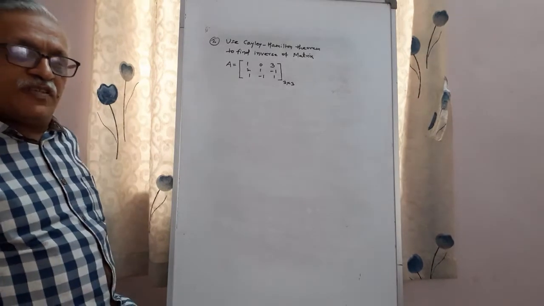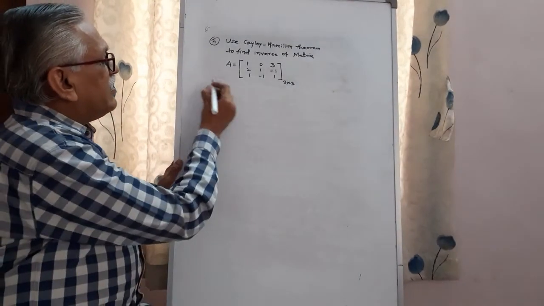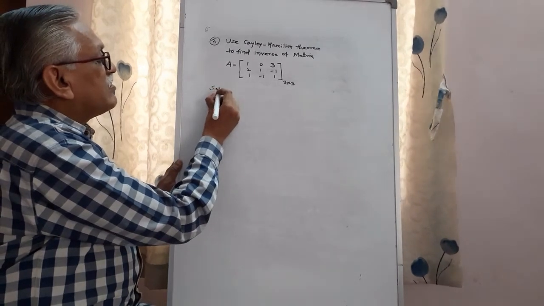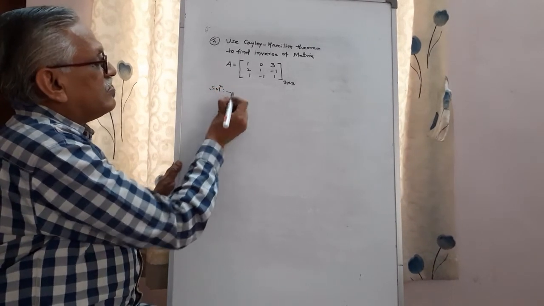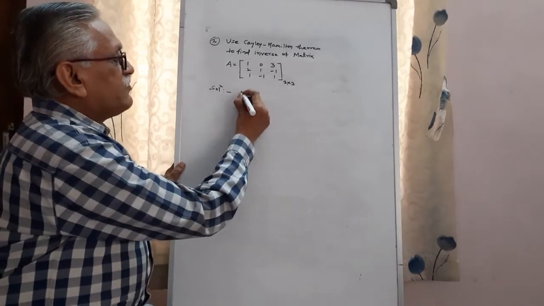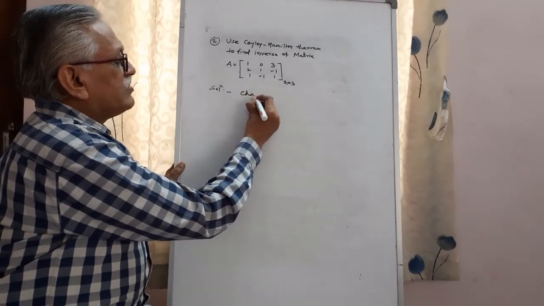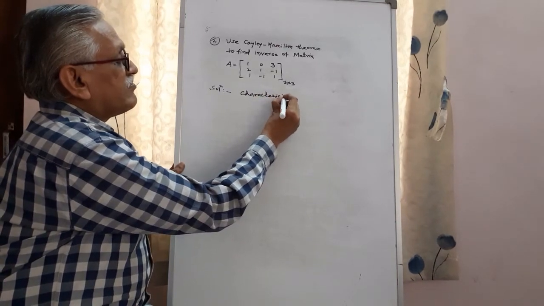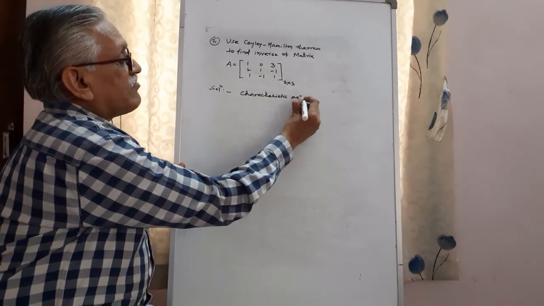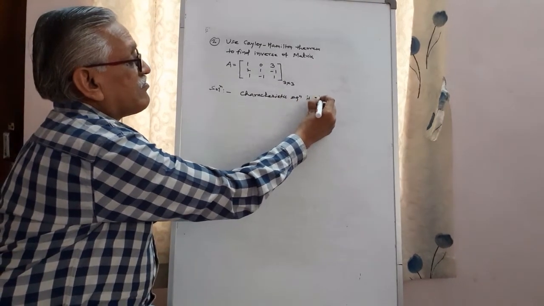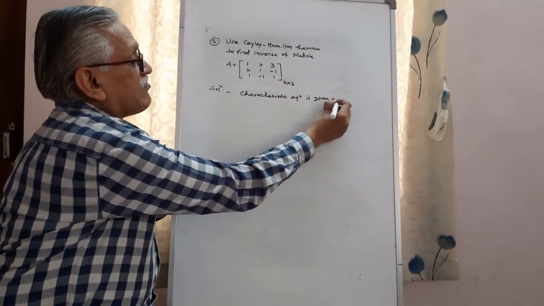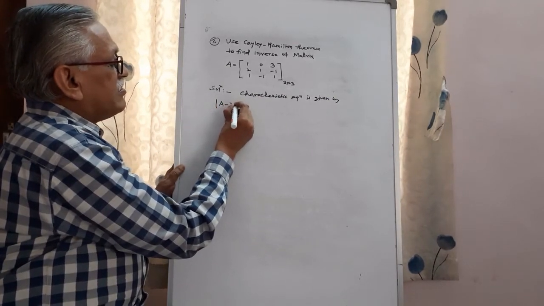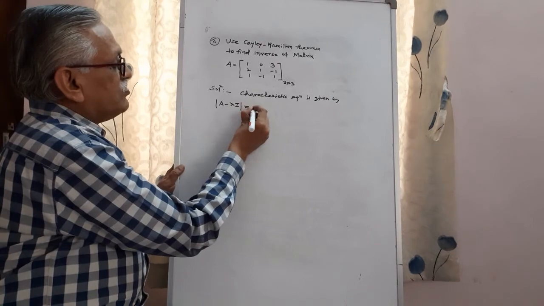Therefore, we perform the same steps as we performed in the last example. First step is to find the characteristic equation. Determinant of A minus lambda I is equal to 0.